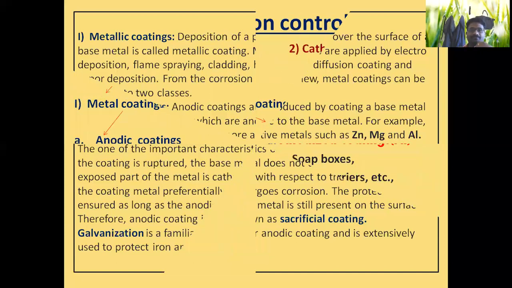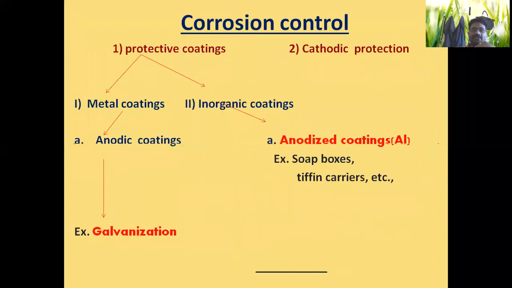Here is the summary of corrosion control and the types we have discussed till now. Under corrosion control, number one is protective coatings, and second is cathodic protection. Protective coatings have been subdivided into two categories: metallic coatings and inorganic coatings.